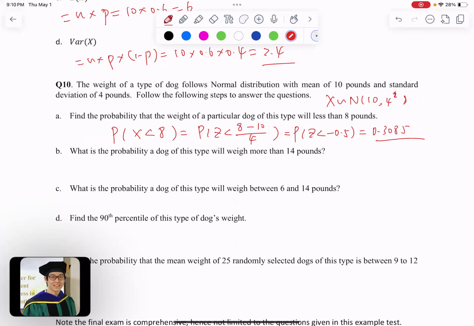What's the probability of dog of this type will weigh more than 14 pounds? Probability of x more than 14, which is probability of z more than 14 minus 10 over 4. So that's probability of z more than 1. That's 1 minus probability of z smaller than 1.00, right?